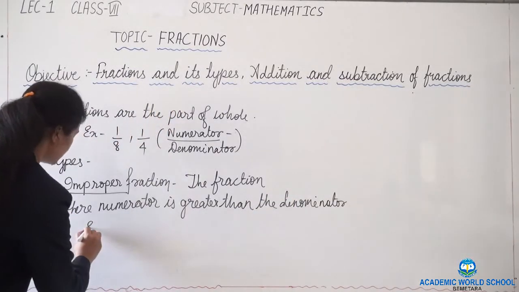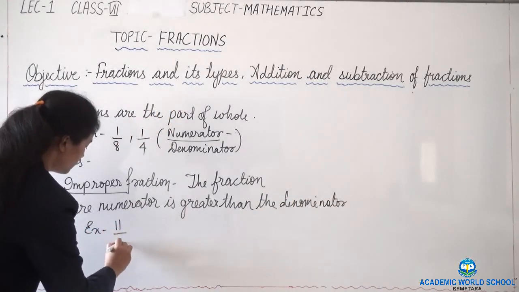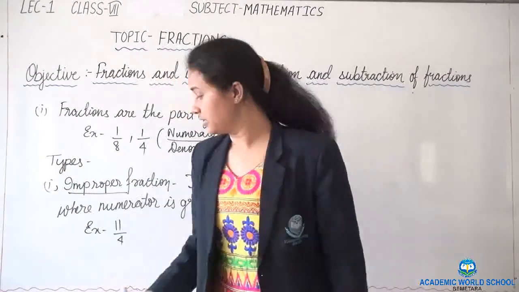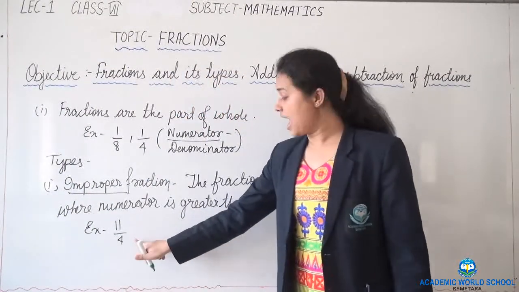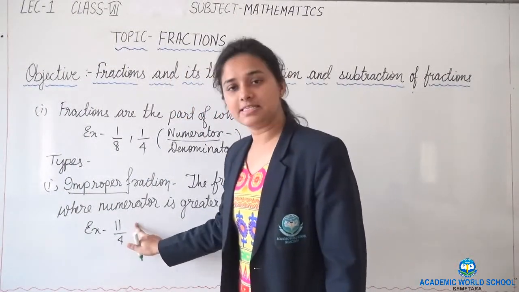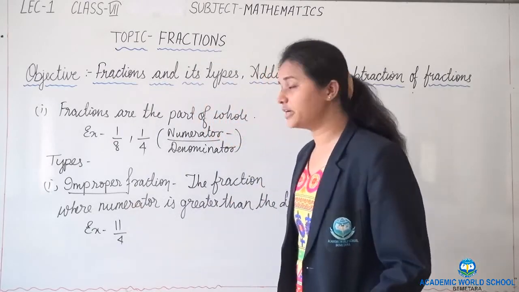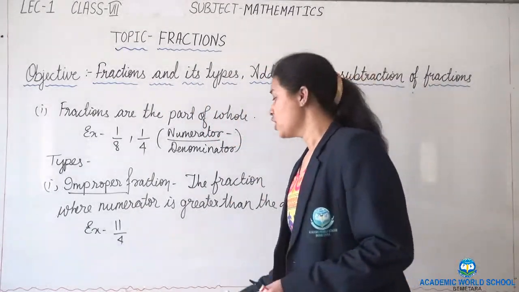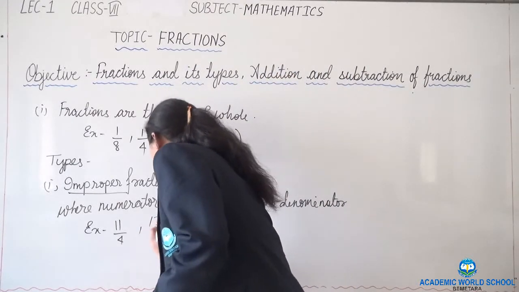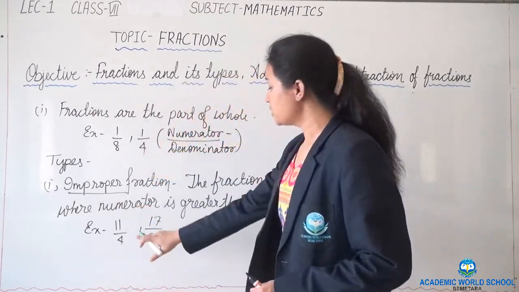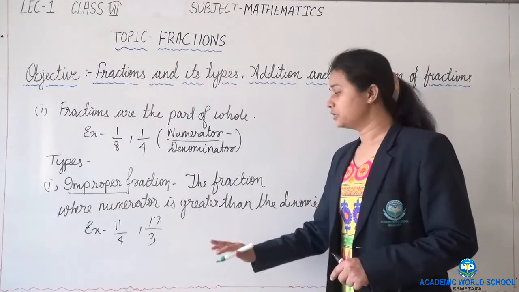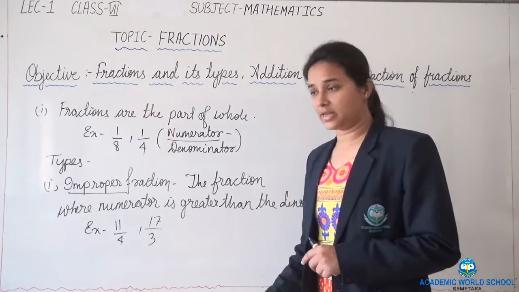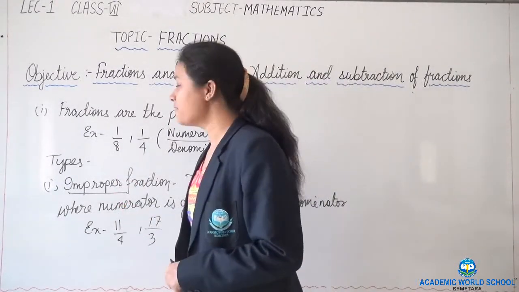What can be the examples? 11 by 4. Here if you observe, 11 is the numerator and 4 is the denominator. 11 is greater than denominator. So it is what kind of fraction? It is improper fraction. One more example, 17 by 3. So in both the cases, what we saw that numerator is greater than the denominator. So it is improper fraction.